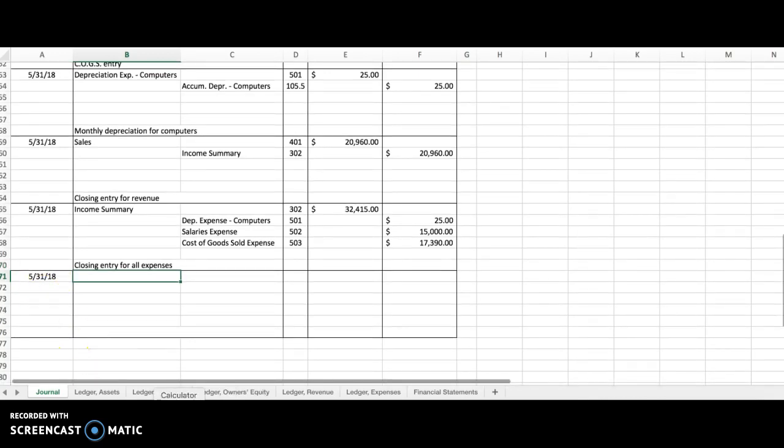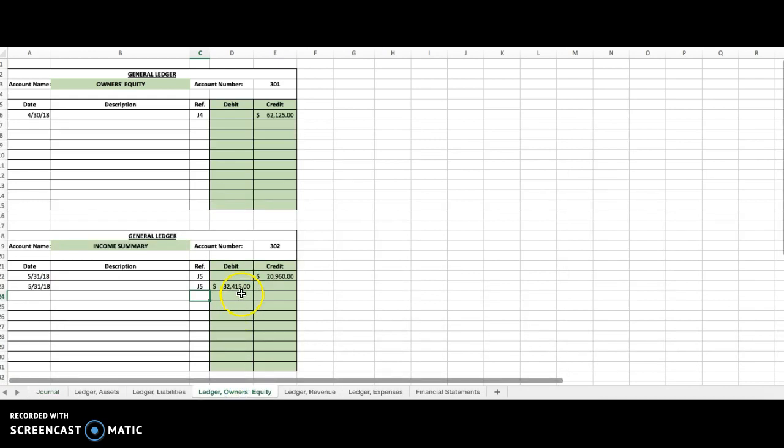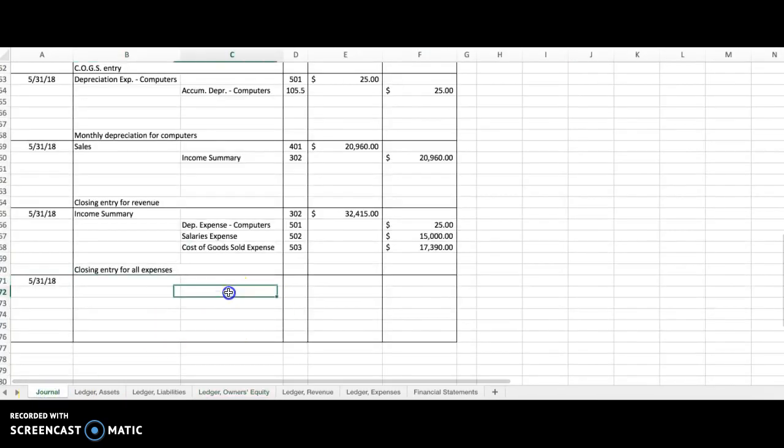Now, when you go to income summary, you'll see that the debit is higher than the credit. The difference between the two, if you subtract, is a debit balance of $11,455. So right now, this income summary account has a debit balance of $11,455. To close it, I need a credit of $11,455. So back in the journal, let's start with our credit actually here.